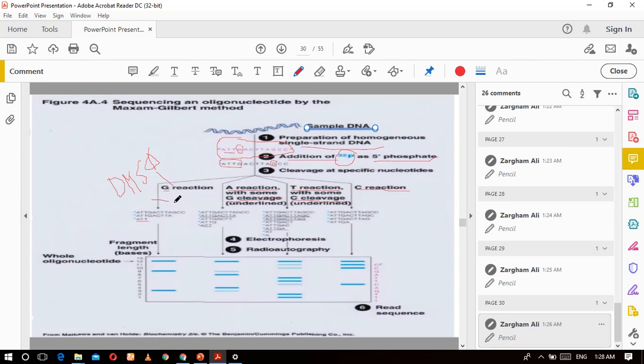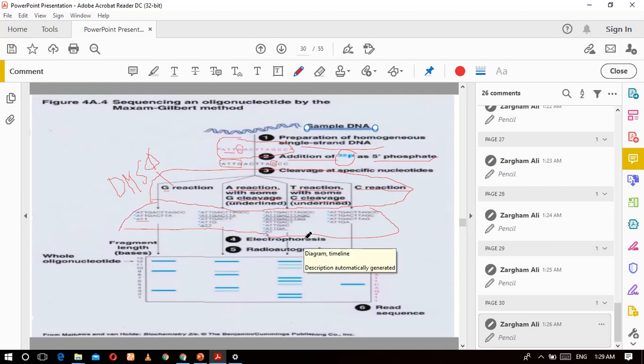When the nucleotides are removed with the help of specific chemicals, we find this kind of sequence. This is the sequence we obtained.